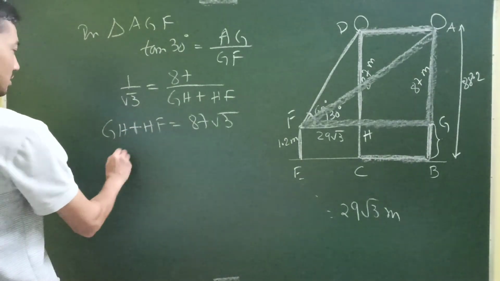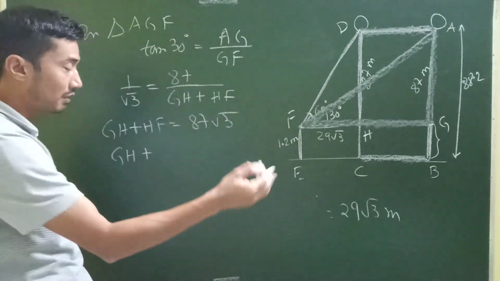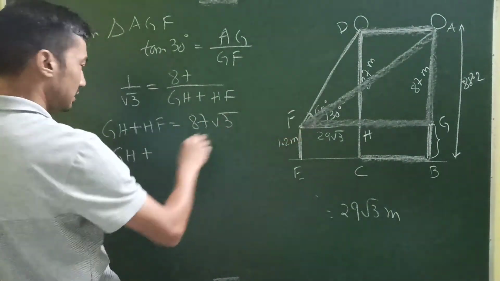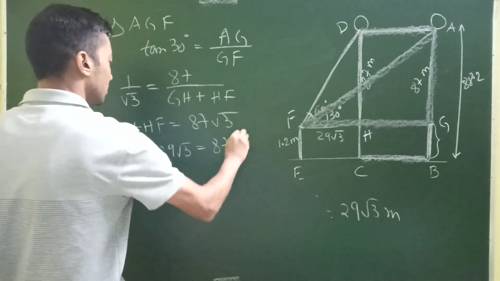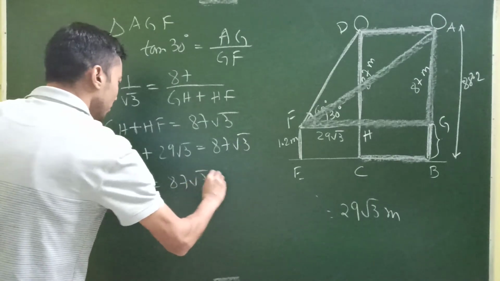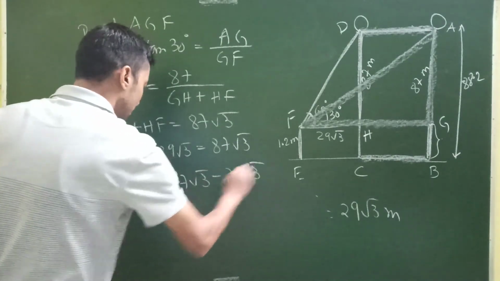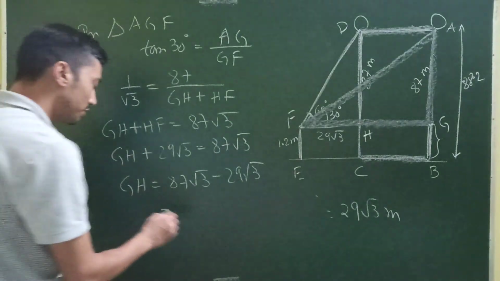Now GH is what we have to find out, the distance between the two balloons, the distance traveled by the balloon. HF we just calculated as 29 root 3, so GH plus 29 root 3 equals 87 root 3. So GH will be 87 root 3 minus 29 root 3. Same quantities, like terms, we can subtract directly.